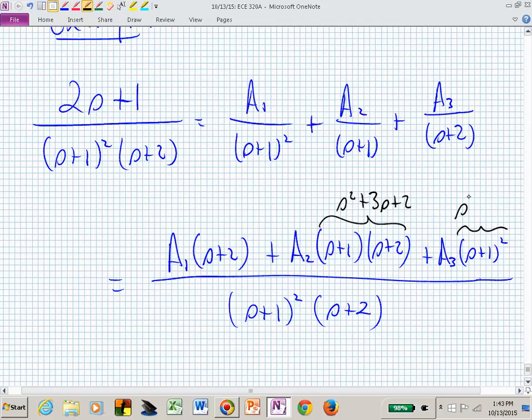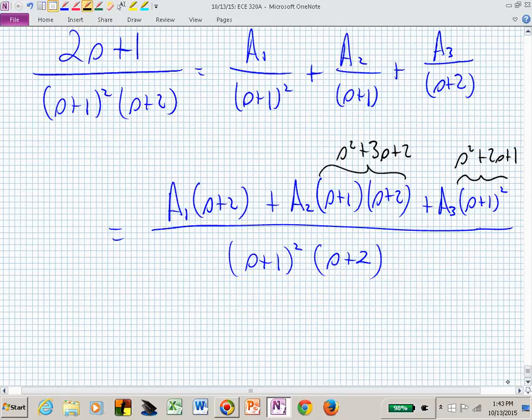I have s squared plus 2s plus 1. And now if I distribute those a's across everything, do you see how I can compare coefficients with the right-hand side and the left-hand side?